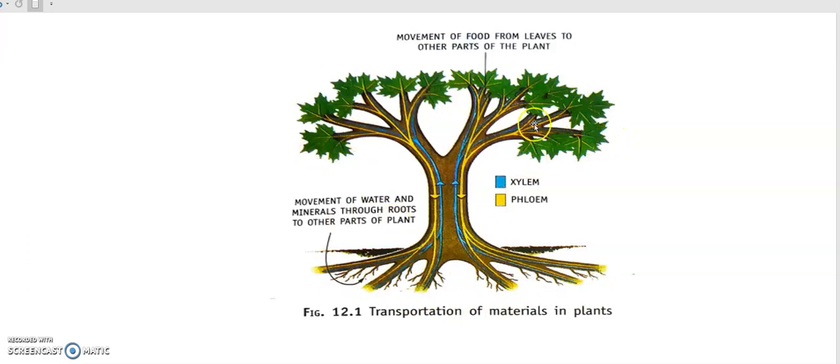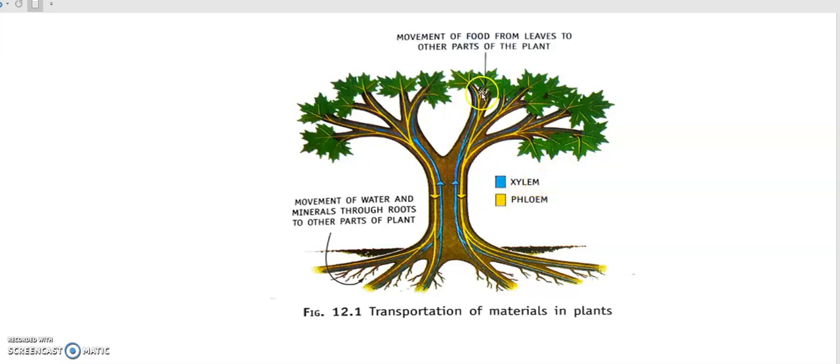It means there must be some system through which the water, minerals and the necessary materials are being transported to all the other parts of the plant. There has to be movement of water and minerals from the roots to the other parts of the plant so that they can grow well.